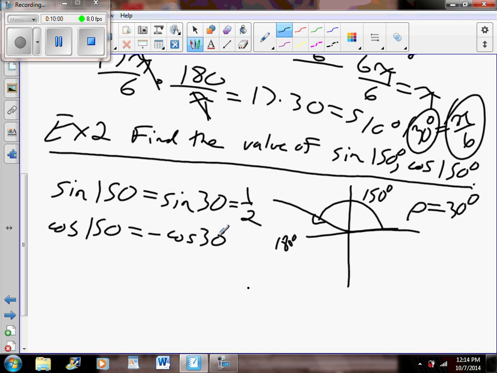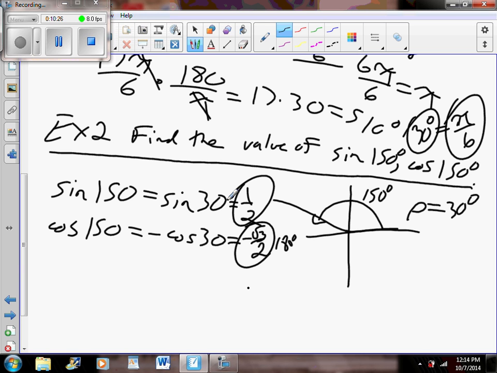So what is the cosine of 30 degrees? Well, cosine of 30 is square root of 3 over 2, but you have to attach a negative in front of it because you're not in quadrant 1 now. You're in quadrant 2. So we're talking negative square root of 3 over 2. So the sine is 1/2, but the cosine of 150 is negative square root of 3 over 2.